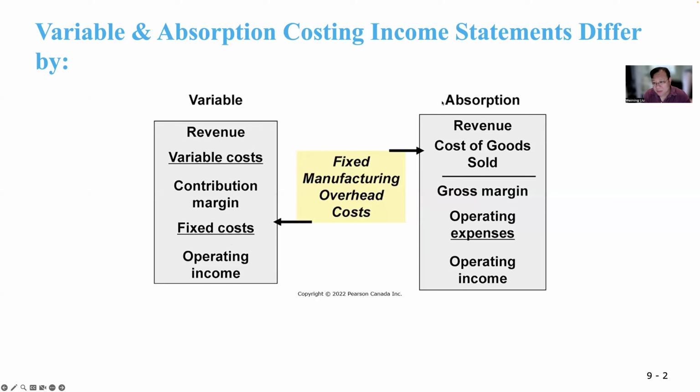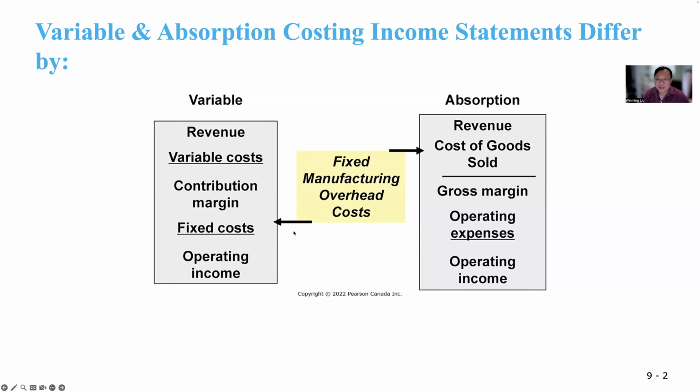Under absorption costing, this fixed manufacturing overhead cost is considered to be product cost. In the earlier chapters, we learned that product costs will not be recognized on the income statement immediately. They would first be recognized in inventory, in the work in process inventory and the finished goods inventory. This cost only reaches the income statement in the form of cost of goods sold when the products are sold.